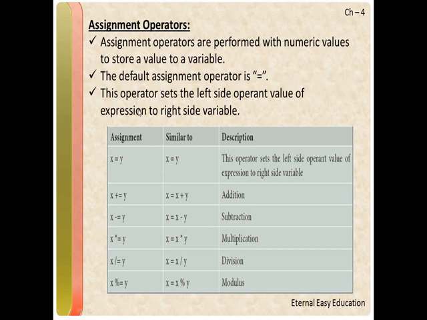That is the thing. x equal to y. The value in the y is given to x. It can be written as x plus equal to y. That is x equal to x plus y. In short, we can write as x plus equal y. These are the symbols which can be used along with the assignment operator. Simply assignment operator is equal symbol alone.